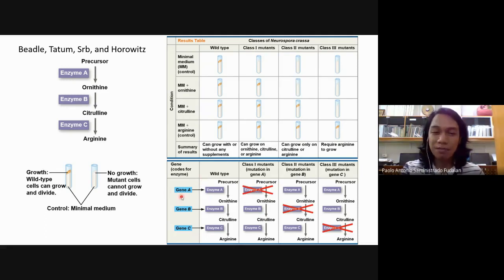The genes that have instructions to make those enzymes are destroyed in the X-ray because they were exposed to X-ray. So class 1 mutants do not have gene A. Class 2 mutants have destroyed gene B. And class 3 mutants have non-functional gene C. So therefore, the result of Beadle and Tatum's experiment.